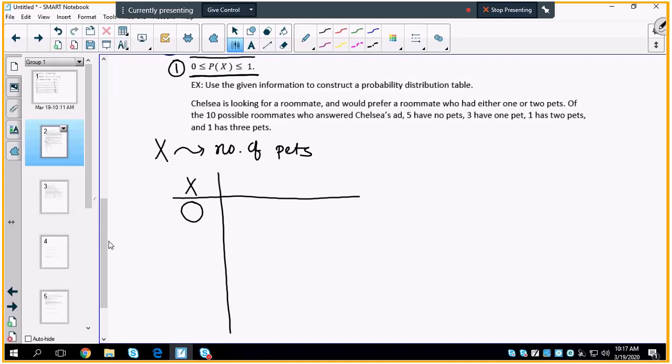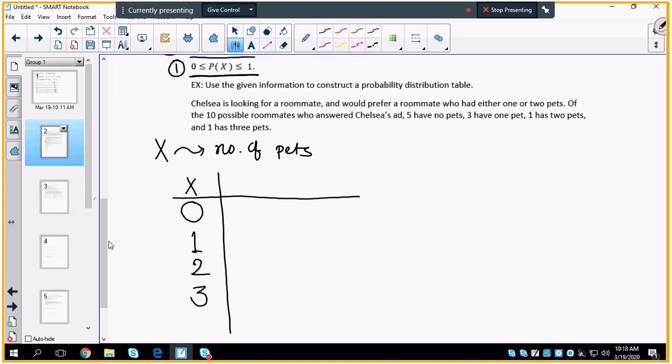That's your first possible outcome, 0. 3 have 1 pet, so I will say the second possible random variable value is 1. 1 has 2 pets, so that is going to be your third possible value for the random variable. And the last one has 3 pets, so this is one other possible value for the random variable.